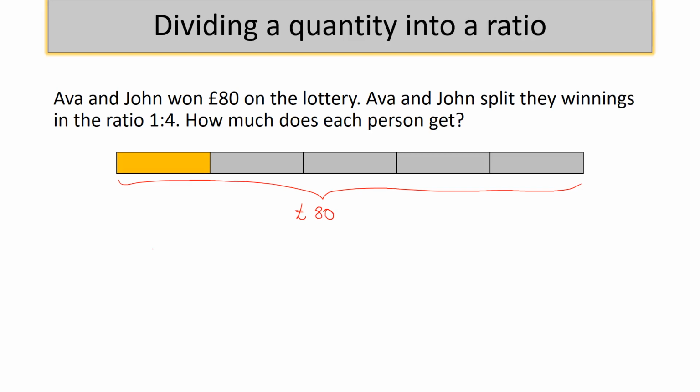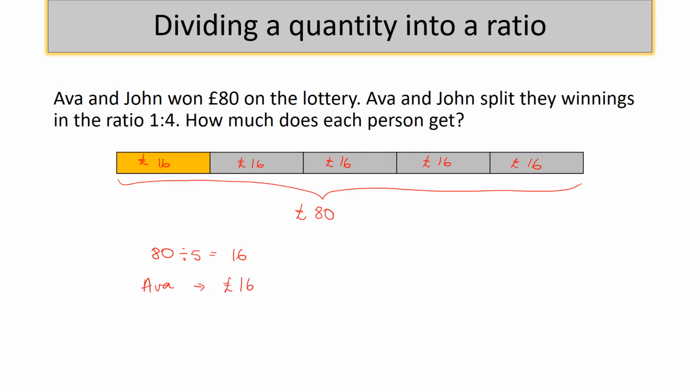So I need to divide 80 by 5 to work out what each part or each box is worth. So 80 divided by 5 is 16. So I know that each little box or each part in the ratio is worth 16 pounds. Now that means that Ava, because she only gets 1 part, gets 16 pounds.